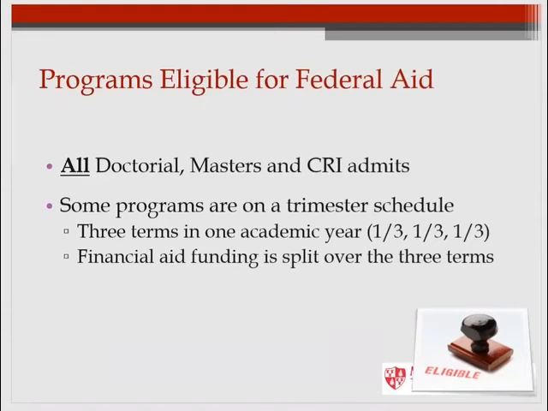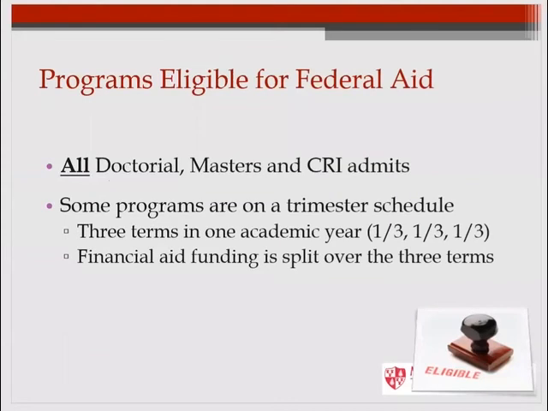Depending on your program, you may or may not be eligible for federal aid. When that happens, usually you have to pay out of pocket, or you will look into private loans to help fund that specific program.